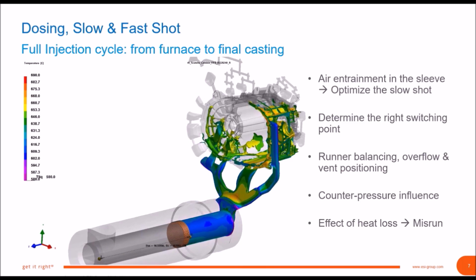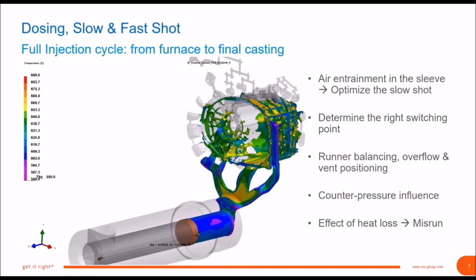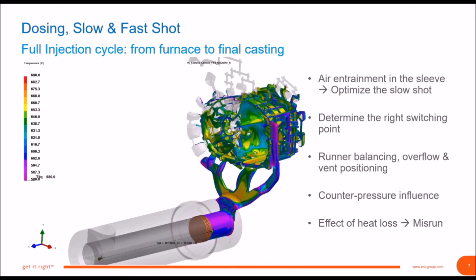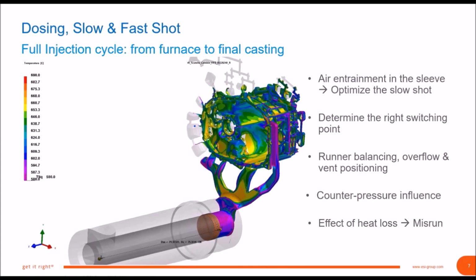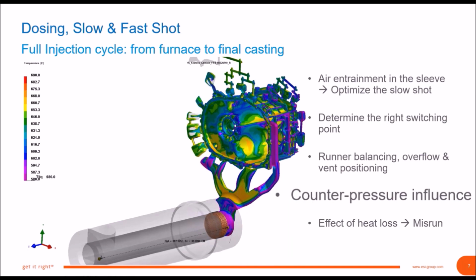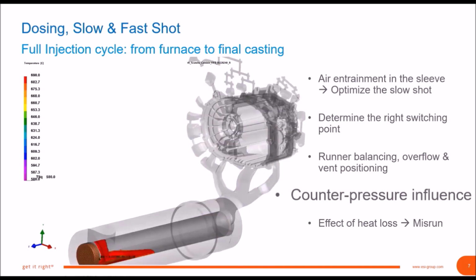And of course, there could be some heat loss, which means we could have potential misruns if the heat is not managed well. So these are, let's say, the common suspects, which most of you probably know. In this webinar, the idea is not to go through all of these, but to focus only on the aspect of the filling which is related to the counter pressure influence.